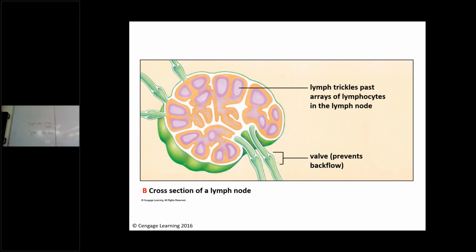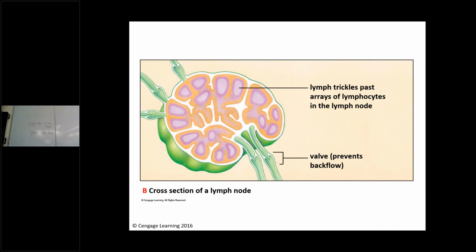And what you'll see here, folks, in this image on the PowerPoint, is that these lymph nodes are not just a hollow cavity and that's it. There are different structures present within that allow for lymph to move through and to be exposed to the different types of cells that are present within your immune system.